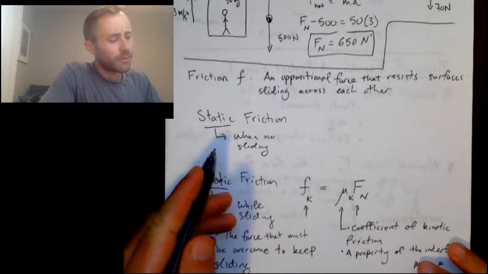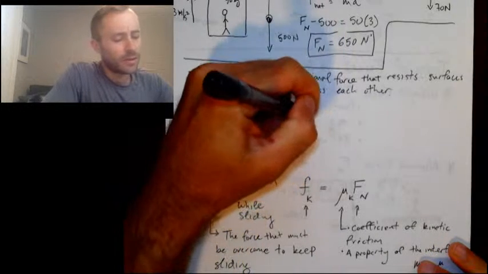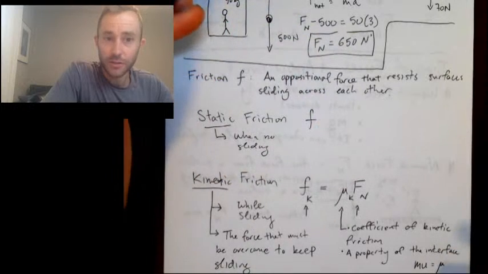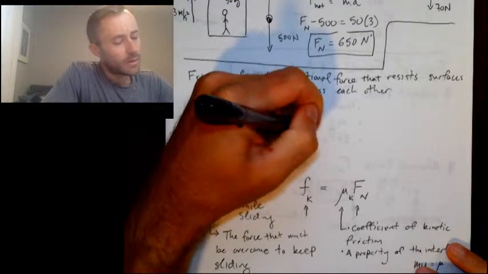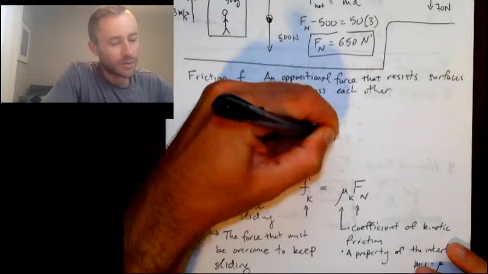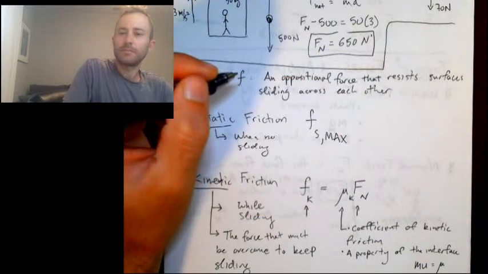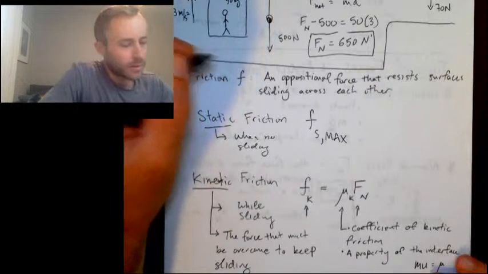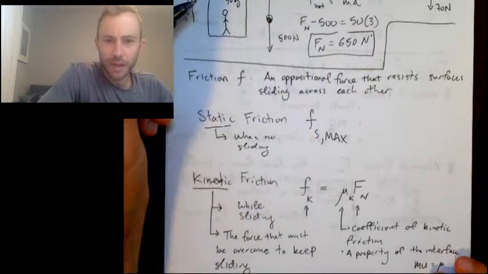So static friction is a little bit more complicated because static friction can have a range of values. So I'm going to give you a formula for the maximum static friction. So F sub S for static friction.